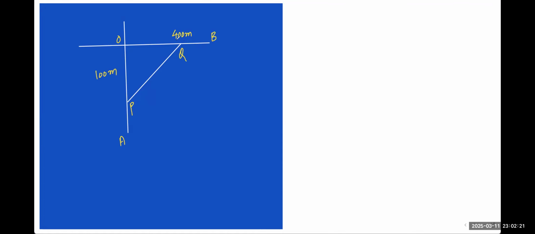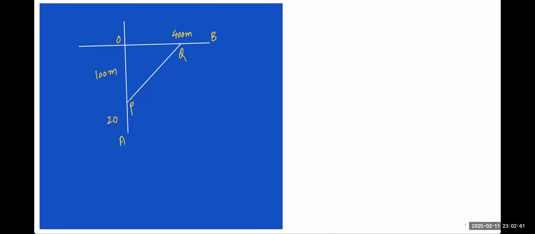Now, what is the distance? Speed is 20 meter per second. Find the expression for the distance of OP and OQ. This distance I want. This is 20. This total is 100.